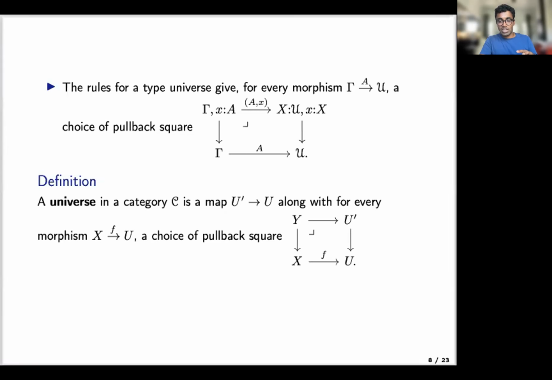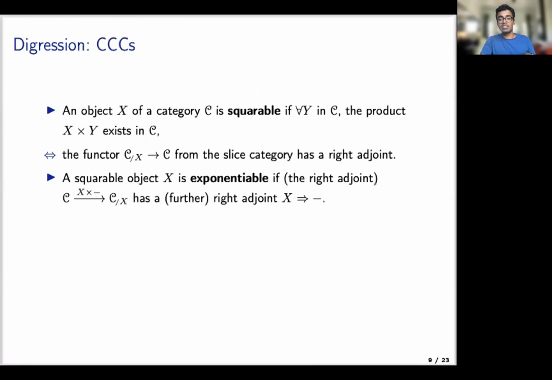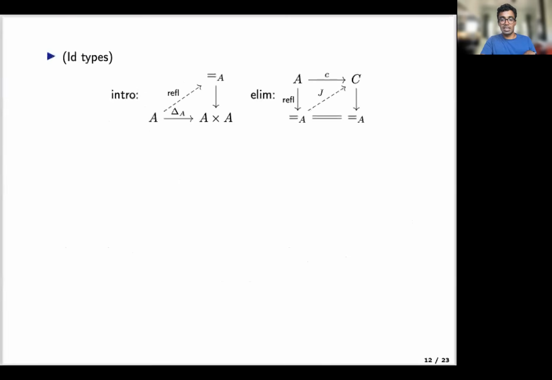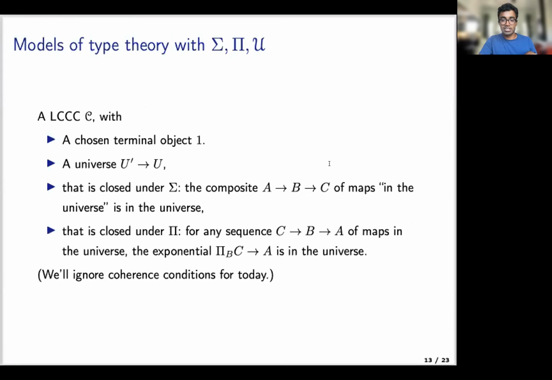And one way to get away from having to do too much of this is to start with a universe and to define everything relative to a universe, which is what I meant when I talked about defining a model of type theory in an LCCC equipped with a universe. So once you have a model in an LCCC equipped with the universe, a lot of your constructions are automatically stable, strictly functorially by base change, by substitution.